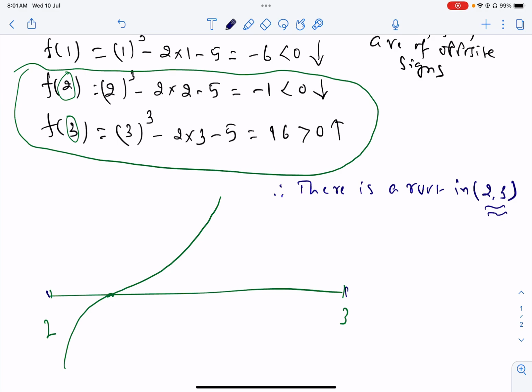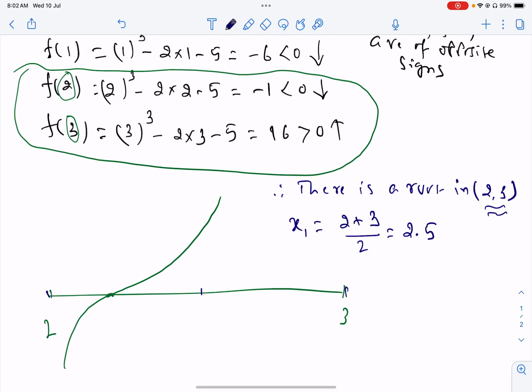Now let us find the next step, and that is nothing but the midpoint of this interval 2 and 3. So let x1 equal 2 plus 3 by 2, and that is nothing but 2.5.